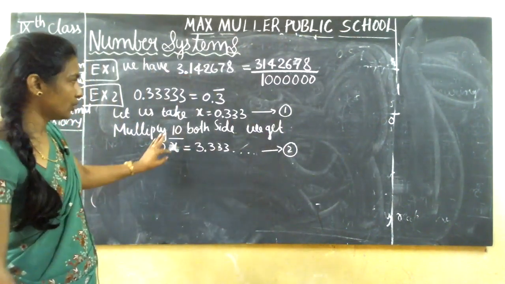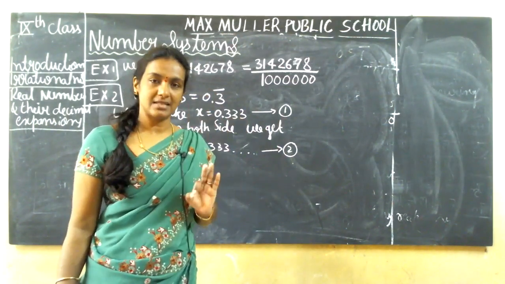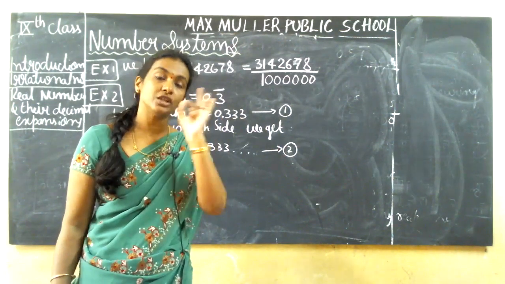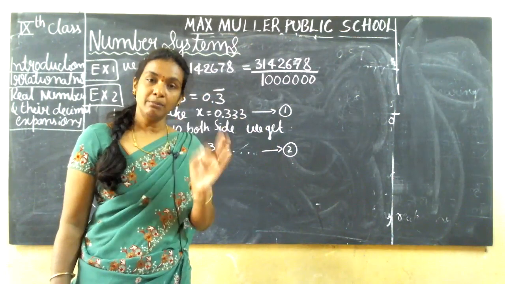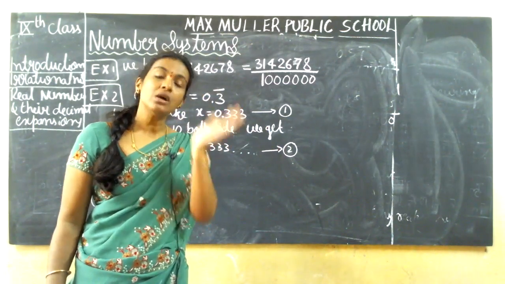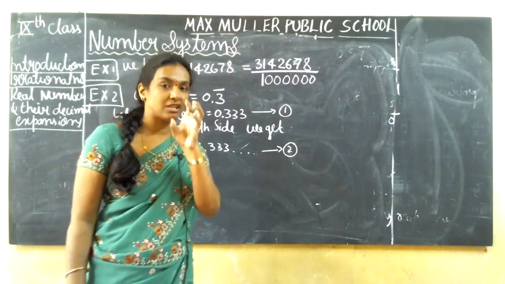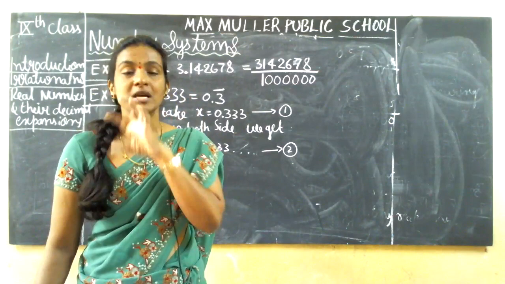What I'm going to convince you of is that we are converting different types of numbers into rational numbers. Rational numbers means you have to convert them into the form p by q, and q should not be equal to 0.